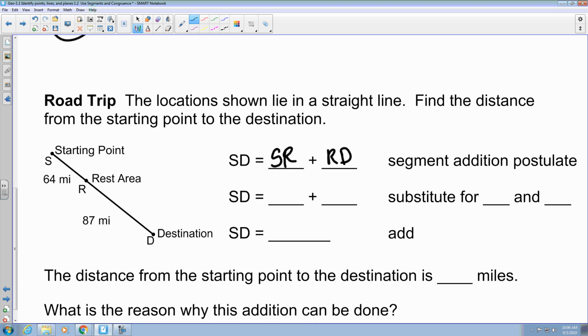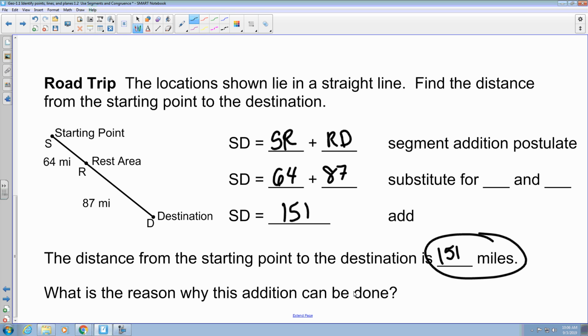We can put those values in there, and say this is 64 miles and this is 87 miles. So 64 plus 87 is 151. So we can say that the distance from the starting point to the destination is 151 miles. All right.